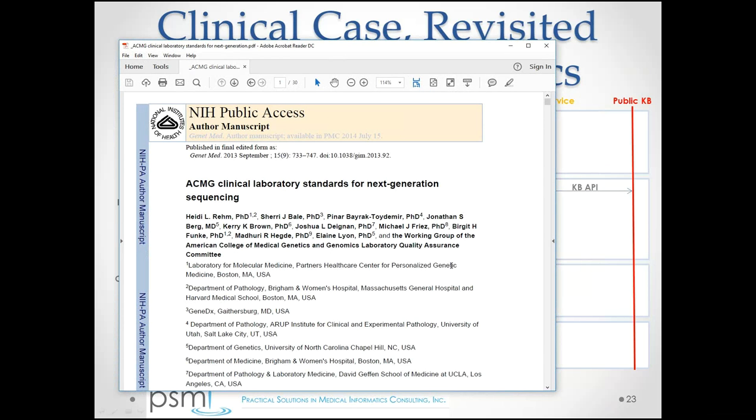Yeah. And this is quite a nice document from ACMG, where they address what you were just talking about, Diane. Their recommendations for lab standards for next generation sequencing. They do talk about resequencing scenarios in here as well, although they don't talk about all of the resequencing scenarios that we've talked about.